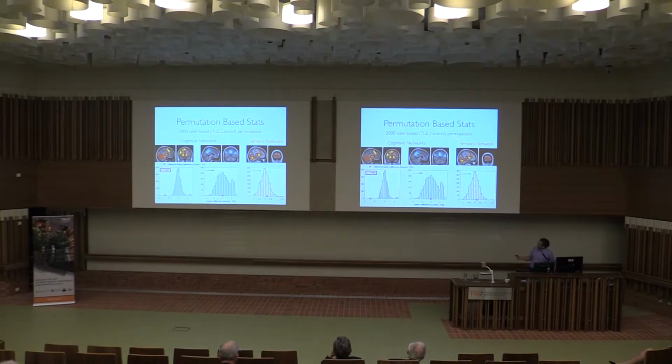These are shown as histograms here. Negative numbers correspond to slower responses in the TLE group, and the asterisk indicates the actual observed response in the true data, the true latency difference. We can see here, as suggested on the preceding slide, that there's a significantly slower response in the task positive system in focal epilepsy patients, but no difference in the default mode or the sensory ROI.